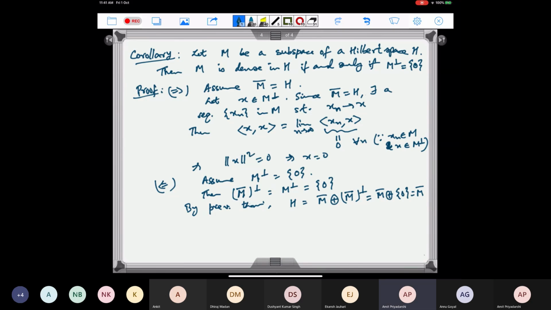So this implies that M is dense in H. Right. So for this converse part we are using the theorem that for any closed subspace, H can be written as that subspace direct sum its orthogonal complement.